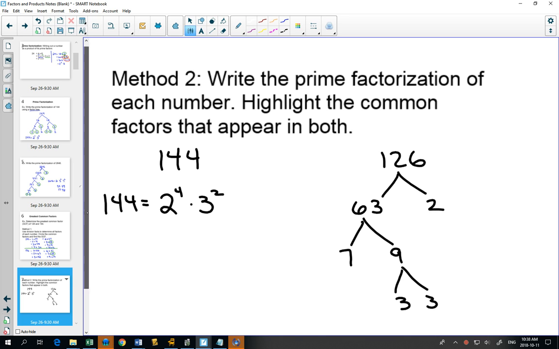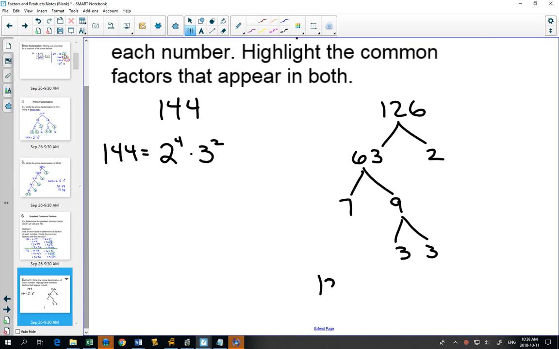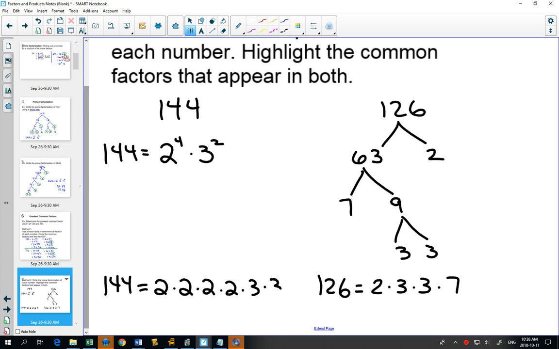So 126 is 2 times 3 times 3 times 7. And 144, if I write them all out, is 2 times 2 times 2 times 2 times 3 times 3.